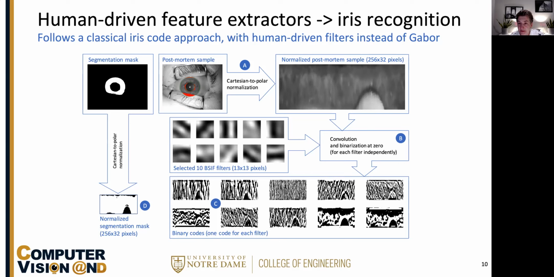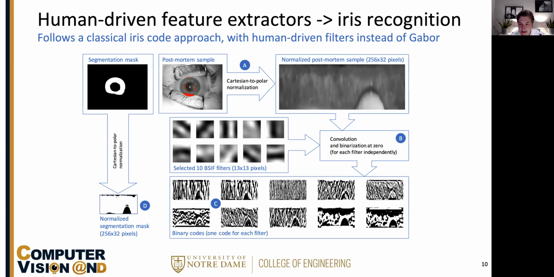The first step is to normalize this iris image to compensate for pupil size, which can be different from image to image. So we end up with a rectangular iris image of the same size, independently of the pupil size and independently of the iris image size, which is very useful and very convenient.